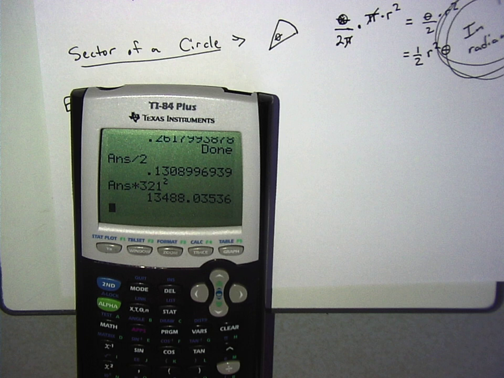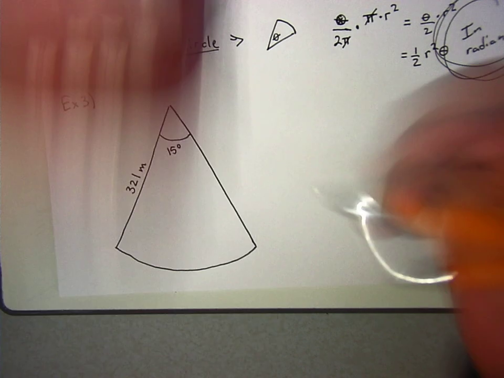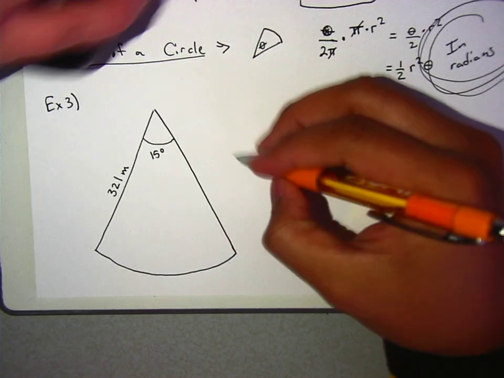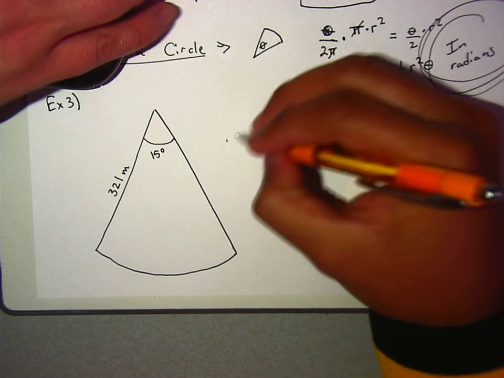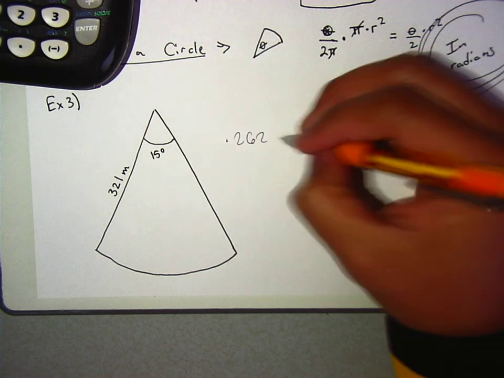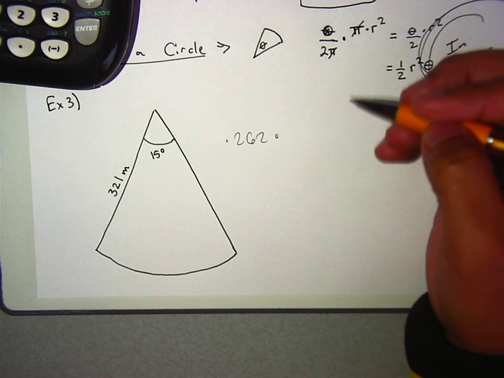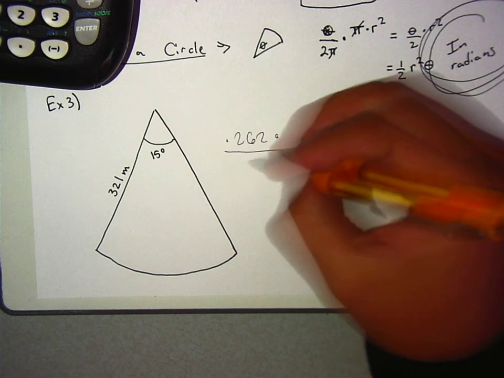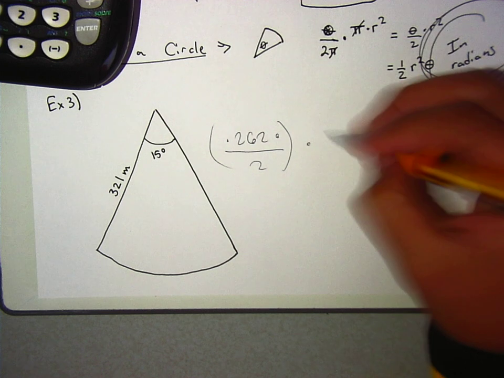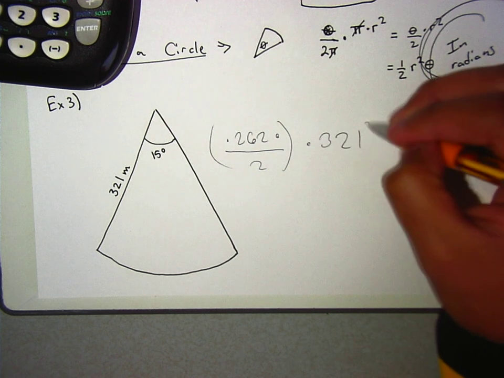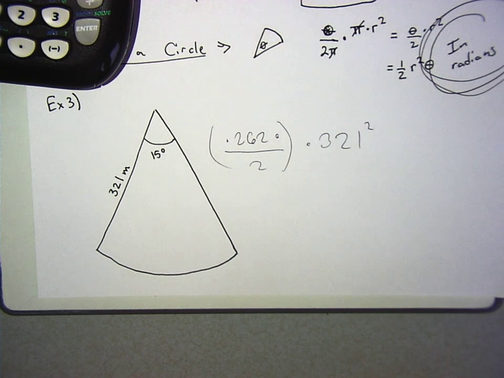Can you write that down right here? So it was 0.262 times, what did you say, 1/2 and then 321 squared? Yeah. Beautiful, and that equals?